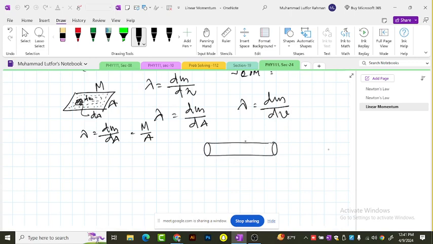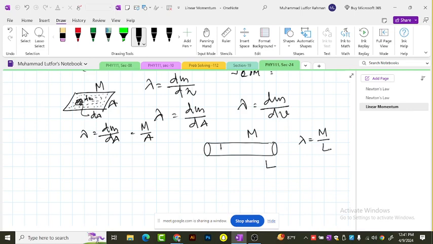Let's consider the total mass of this rod is m and the length is L, and I take the total mass per unit length, the ratio.